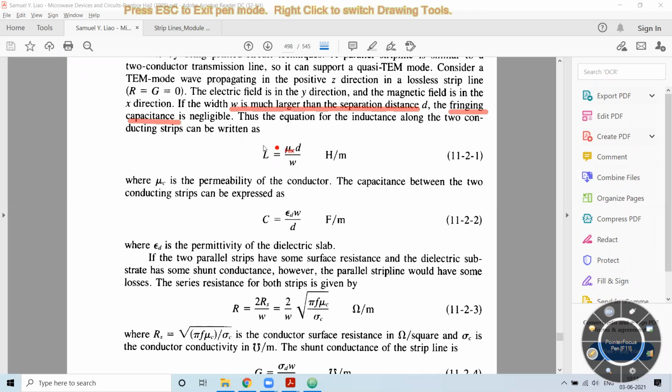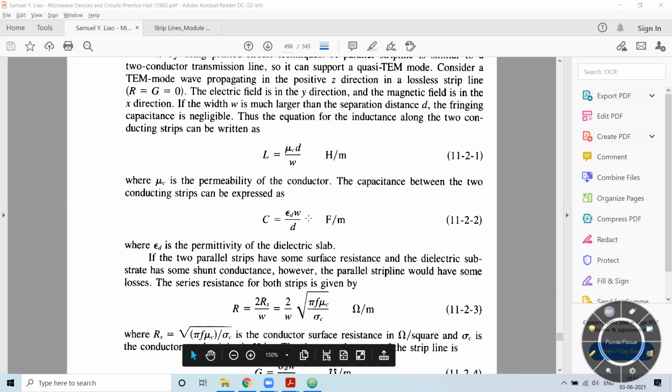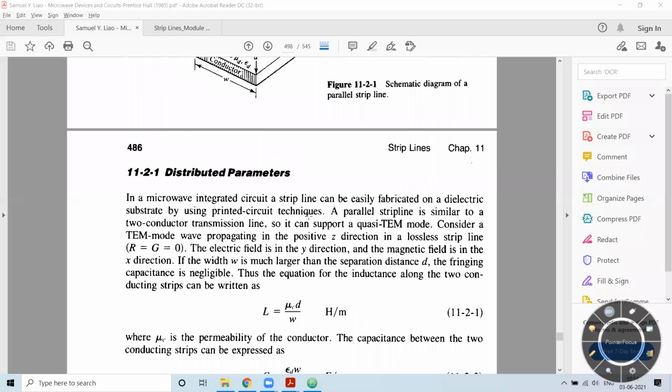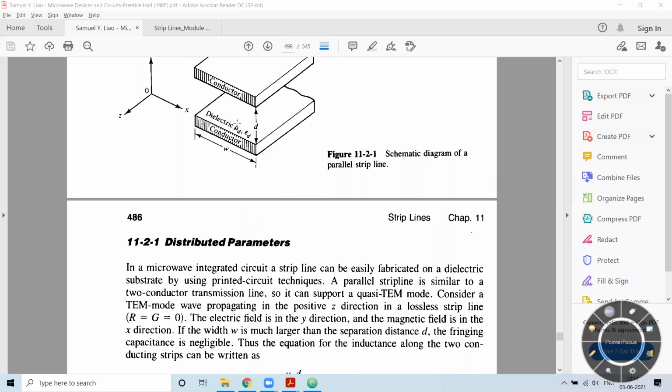Apart from that, these parameters are associated. Along with that, we have mu and epsilon. Now we can have permeability, that is mu, because of the conductor, and epsilon because of the dielectric, generally for the dielectric constant.